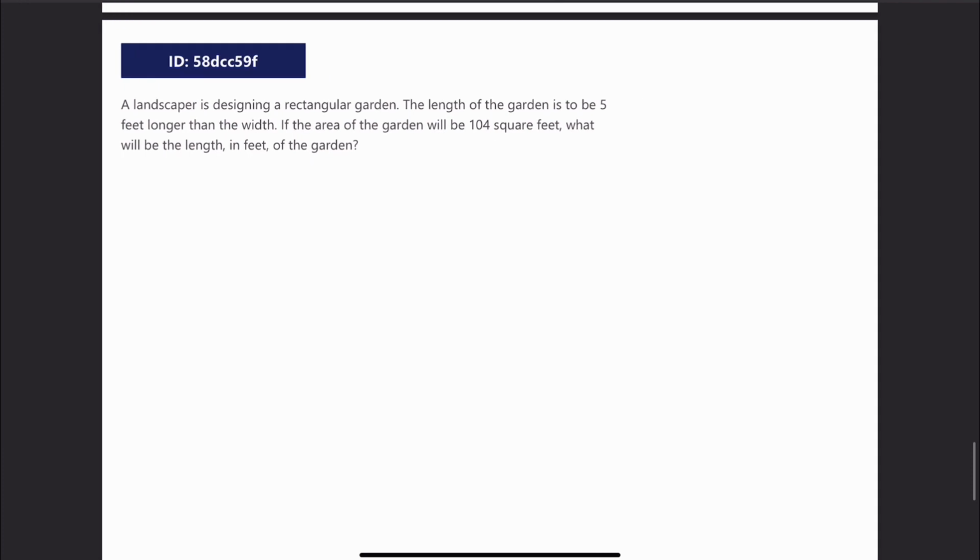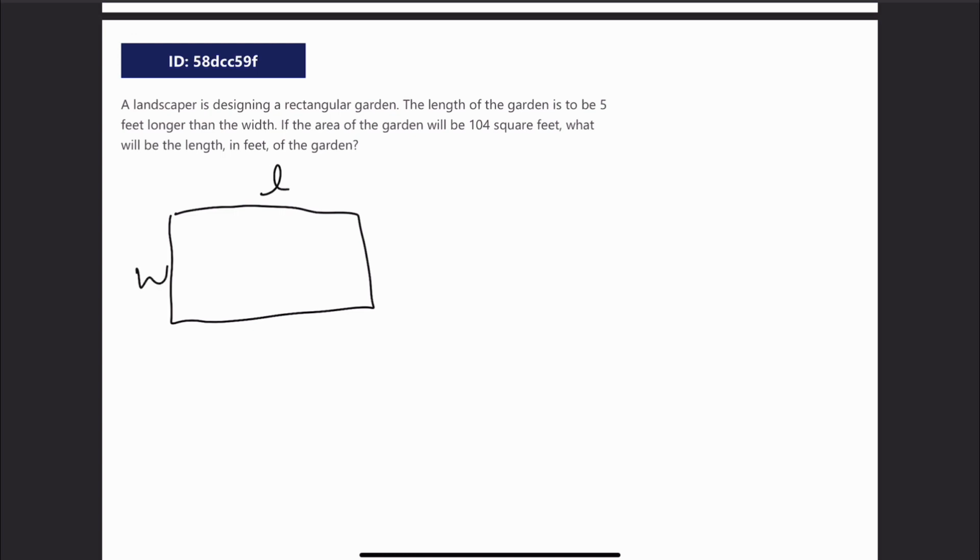Okay, the final question. A landscaper is designing a rectangular garden. The length of the garden is to be 5 feet longer than the width. If the area of the garden will be 104 square feet, what will be the length in feet of the garden? So let's draw a diagram. This is the garden, this is the length, and this is the width.